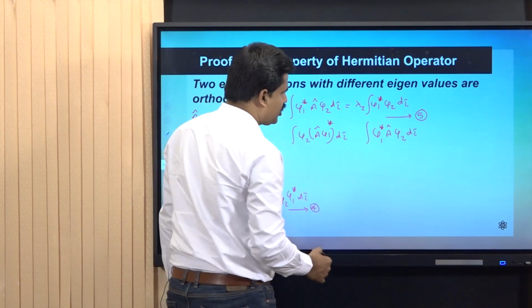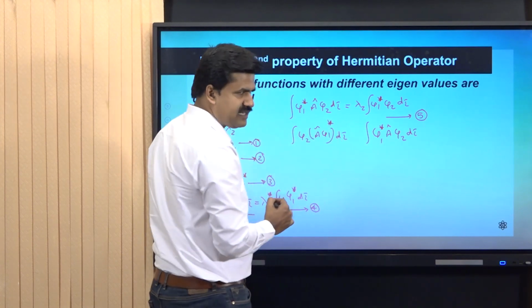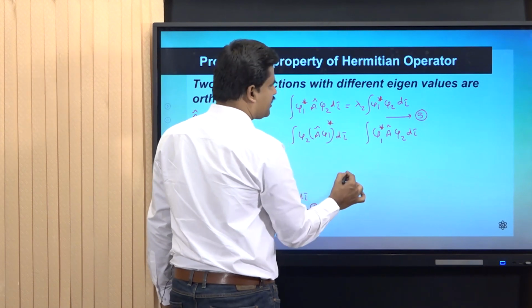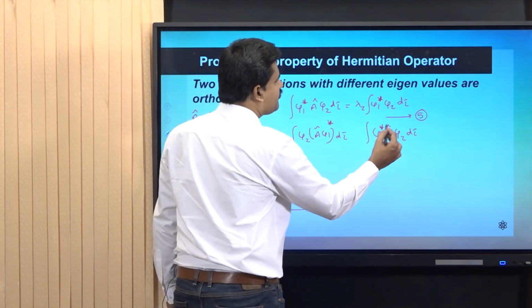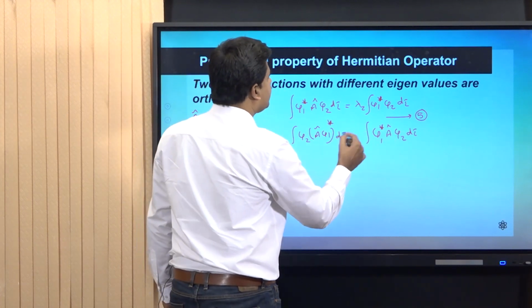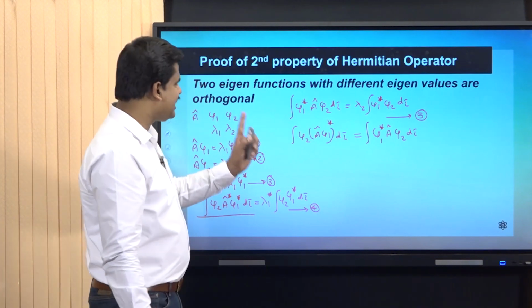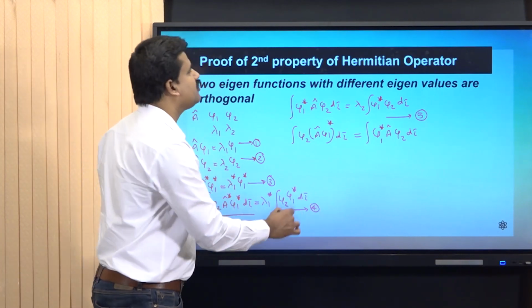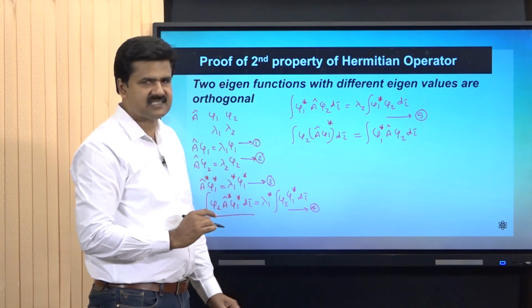For a Hermitian operator, the integral of psi 1 star A hat psi 2 d tau is equal to the integral of psi 2 A hat psi 1 the whole star d tau. So, as per the Hermitian property, we can equate these two. That means the right hand sides of equations 4 and 5 are also the same, since the LHS are the same.